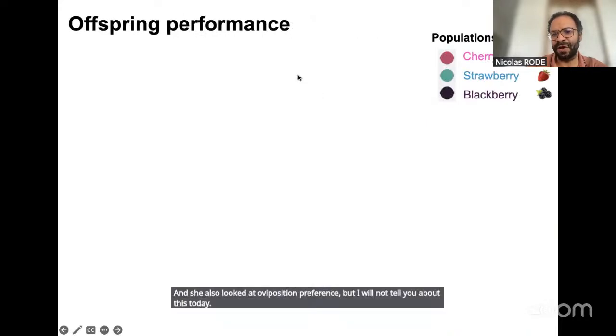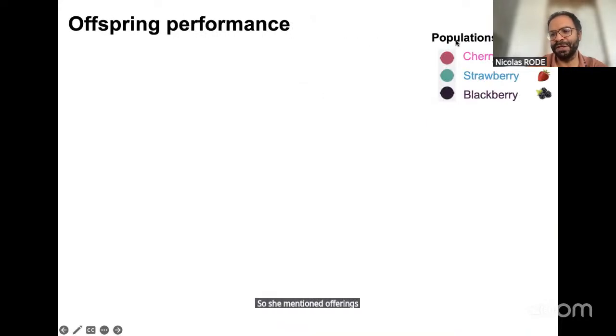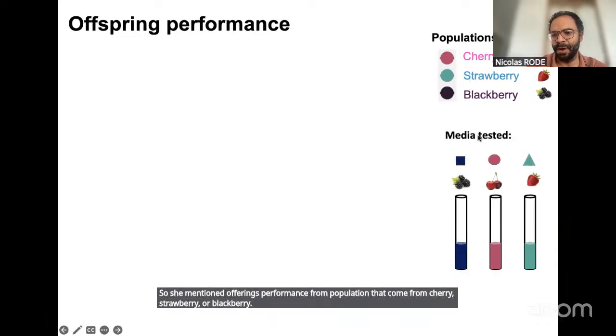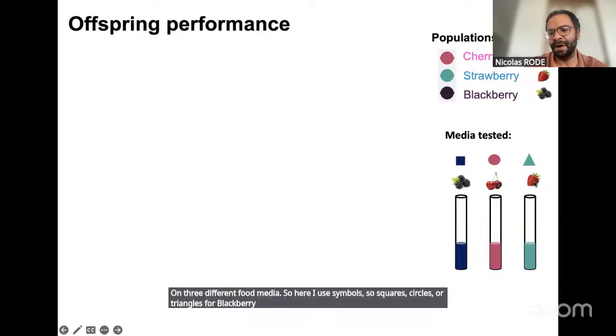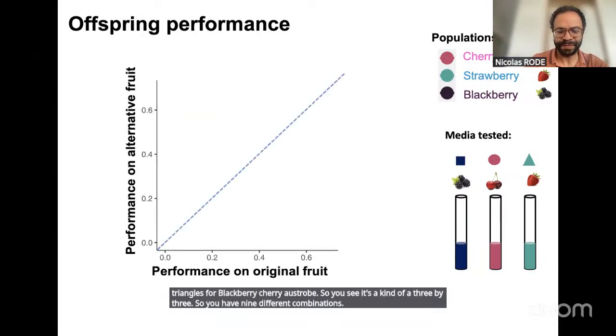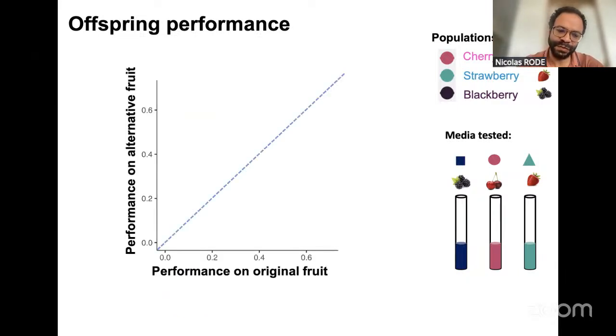So she measured offspring performance from populations that come from cherry, strawberry, or blackberry on 3 different fruit media. Here I use symbols, squares, circles, or triangles, for blackberry, cherry, or strawberry. So you see it's a kind of 3 by 3, so you have 9 different combinations. And I will guide you through the results.